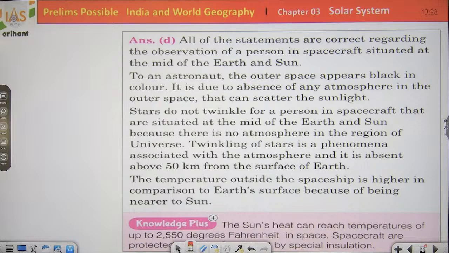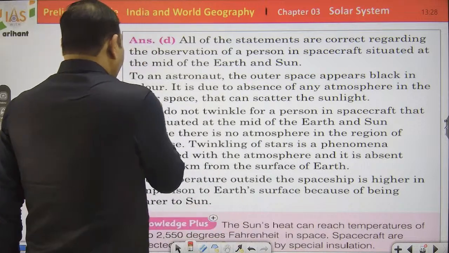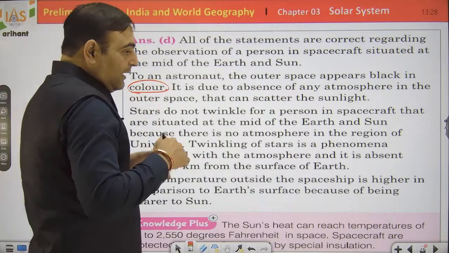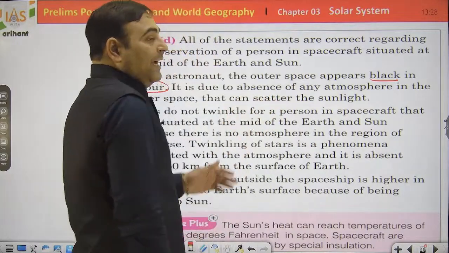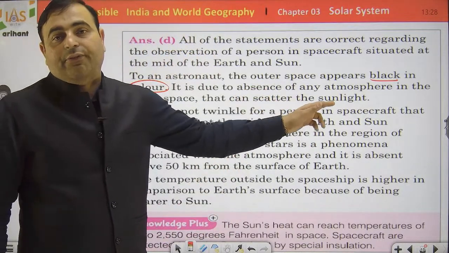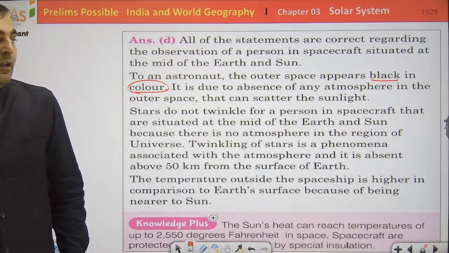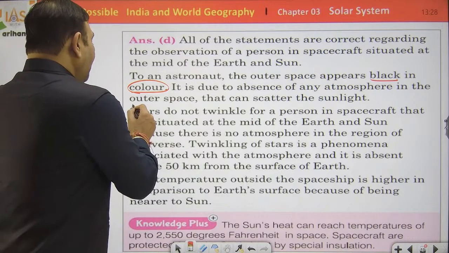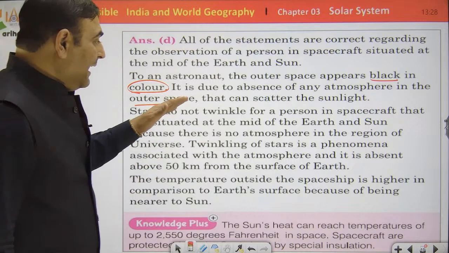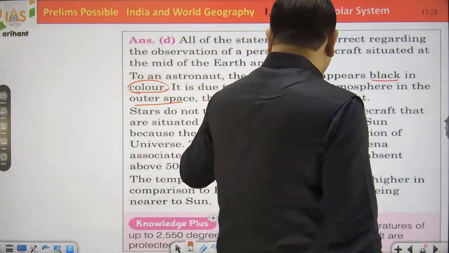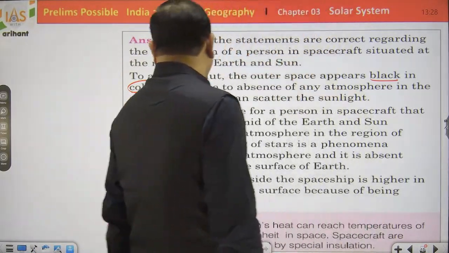Clear? It is the color of the atmosphere. The color is black because of the absence of atmosphere in the outer space, so that it can scatter the sunlight.